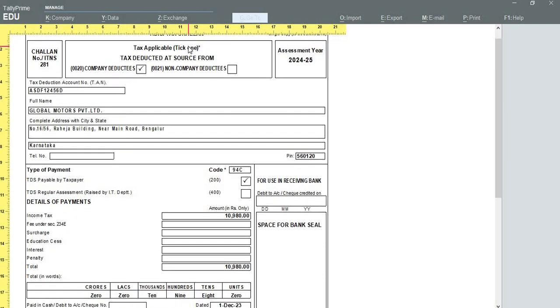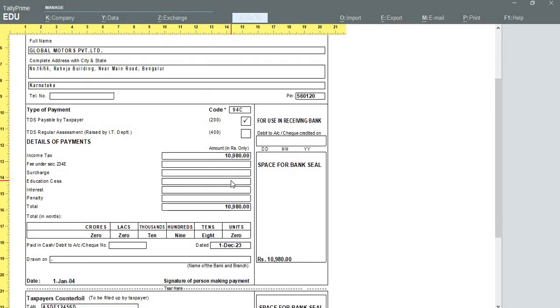You can see that carefully. This is the tax deduction account number. Full name is Global Motors Private Limited. Complete address of Global Motors Private Limited, Karnataka. PIN number is this. And TDS payable by taxpayer is 200. So you can see accordingly.